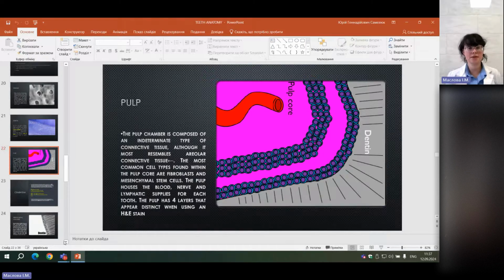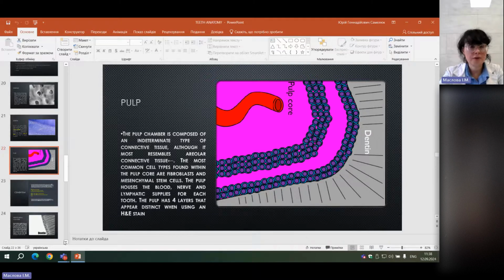The most common cell types found within the pulp core are fibroblasts and mesenchymal stem cells, which support reparative processes in the pulp and in the dentine.